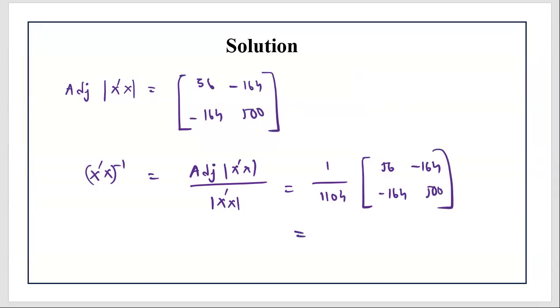Now again, I have to do the calculation. I have already done the calculation. Let me directly write. Six, 840, and this will be minus 5640.